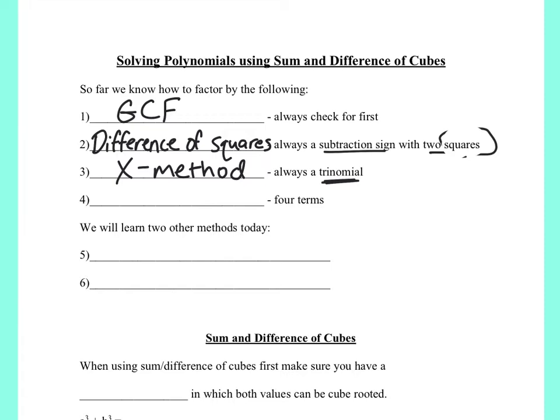This was the very first thing we learned. Start with the G. Grouping. Remember where we group the first 2, group the second 2, take out their GCFs, okay? So those are what we've learned so far. Those very first 4 things.